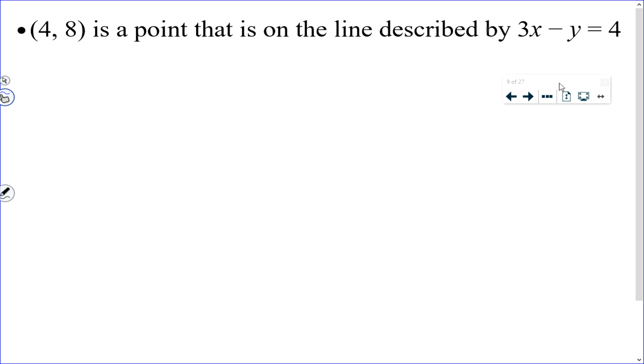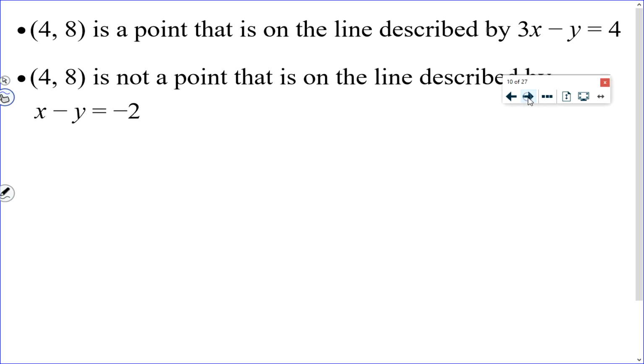I mean, think about that for a second. Values of x and y that make a linear equation true will be points that are on that line. Well, 4 comma 8 cannot be a point on line 2 because it didn't make equation 2 correct.